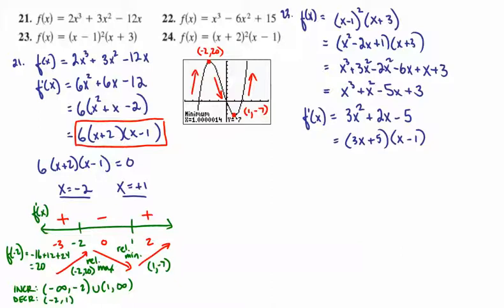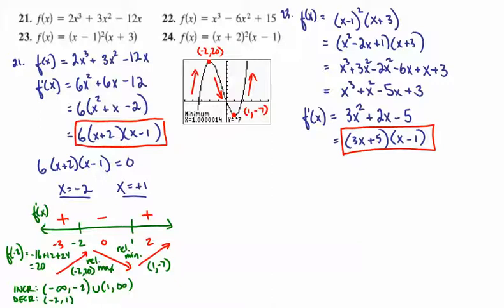Now, I hope you could have gotten to that point. I really don't have the time in this video to show you the magic way of going about getting that. That's our derivative. So we should circle that or highlight that. We're going to use the factored form.